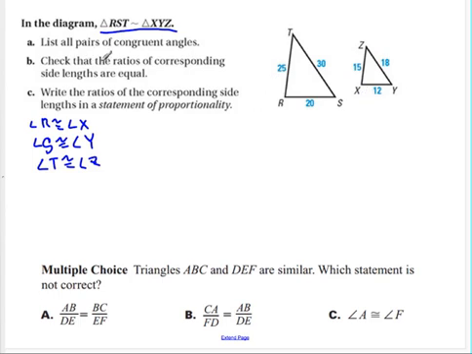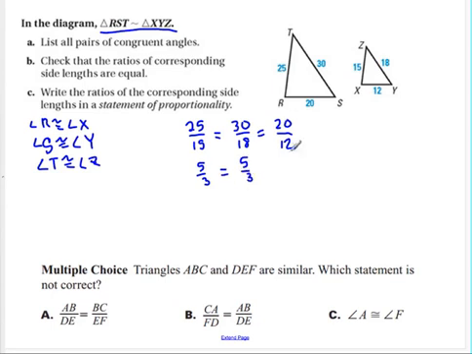Check the ratio of corresponding side lengths. So I'll compare 25 and 15. Hopefully that'll be equal to 30 over 18, and hopefully that'll be equal to 20 over 12. I'll simplify these fractions. Both these are divisible by 5, so I'd have 5/3. Both these are divisible by 8, so again, there's 5/3.